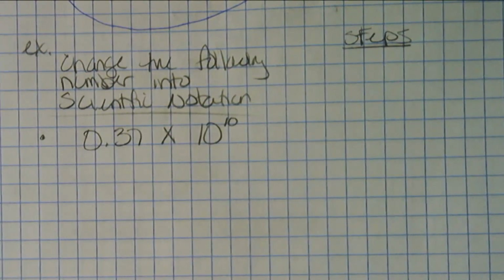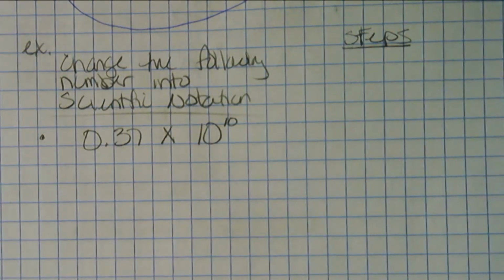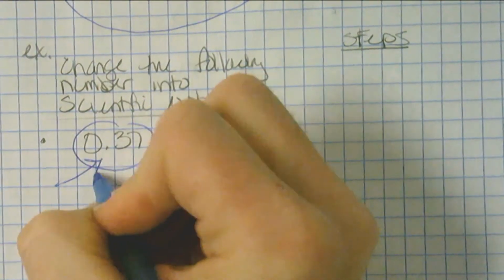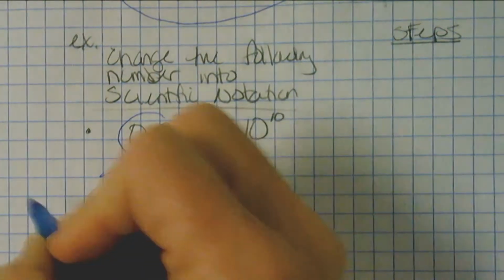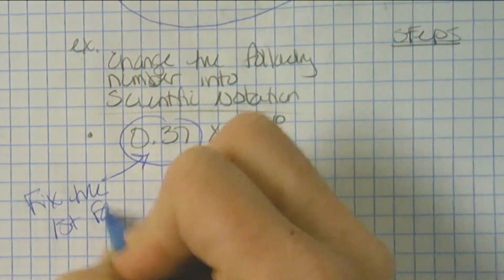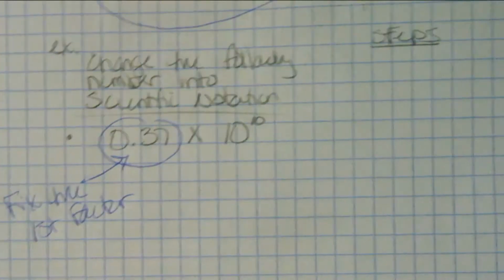It looks like it is in scientific notation. Why is this considered not in scientific notation? Sophia? Yeah, I need to fix that first factor. So we need to fix the first factor, because that is not in the proper form.